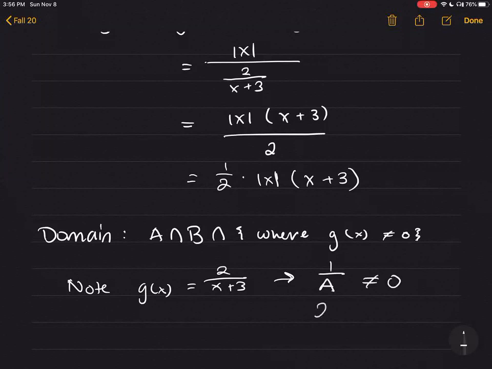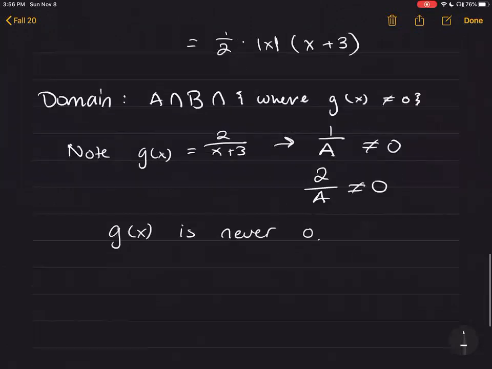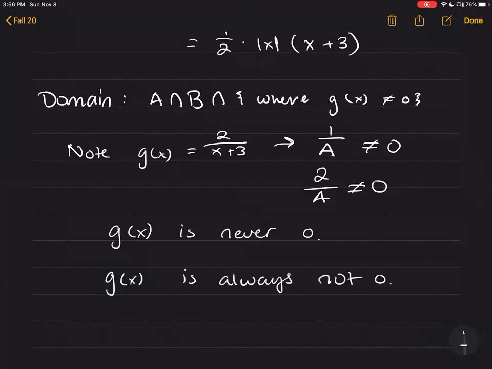But that also means that 2 over a can never be 0, right? It's just multiplying it by 2. So g of x is never 0. You could say that maybe a little bit differently. You say g of x is always not 0, right?